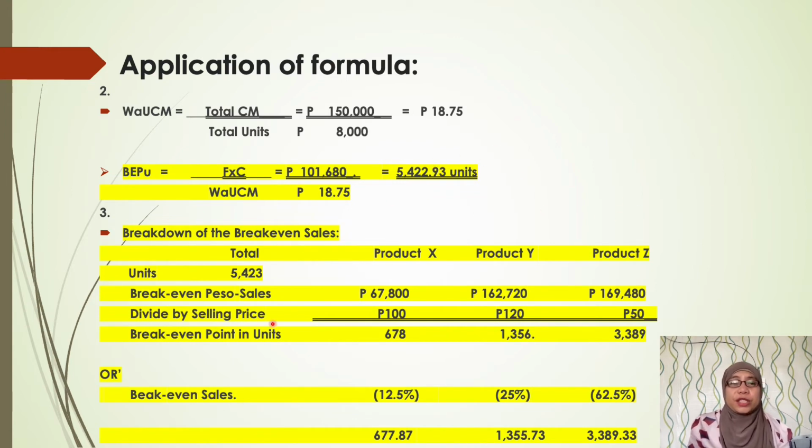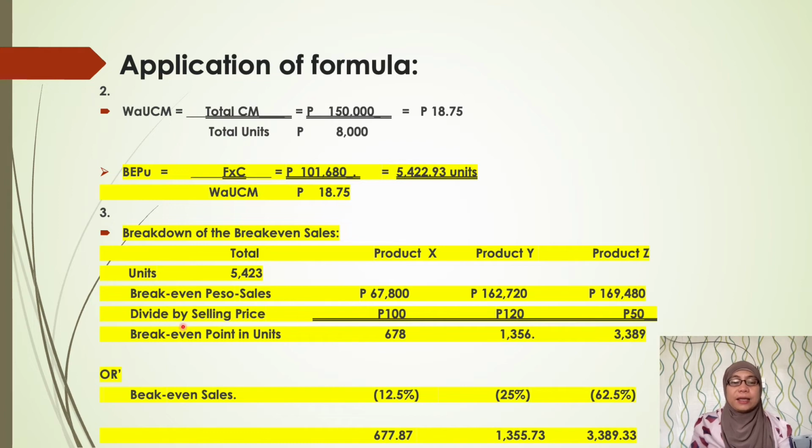So, in number 3, the question is asking for the breakdown of the break-even sales. So, since yung break-even point in units natin is 5,423, ito na yon. Yung per product X, yung break-even peso sales nila is 67,800. For product Y is 162,720. Per product G is 169,480.